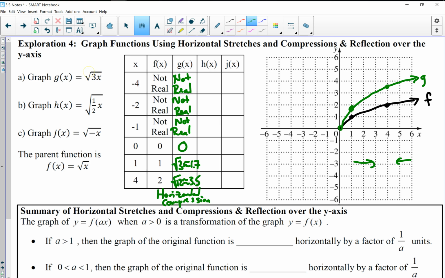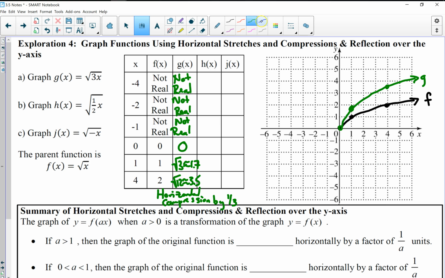So here it's a 3, so I would say by 1/3. It's kind of funny that we use the fractional values, but again, this is just to be in contrast with our vertical stretches and compressions. So the horizontal compression would be the first one that we see.